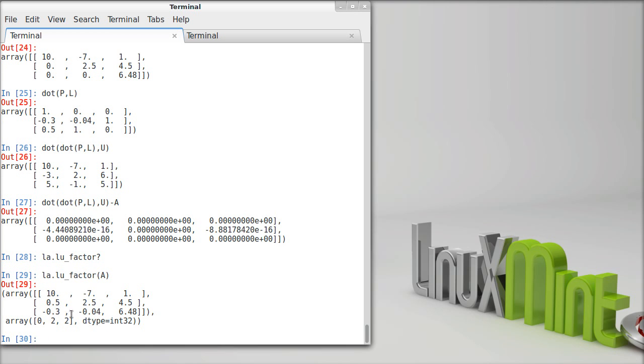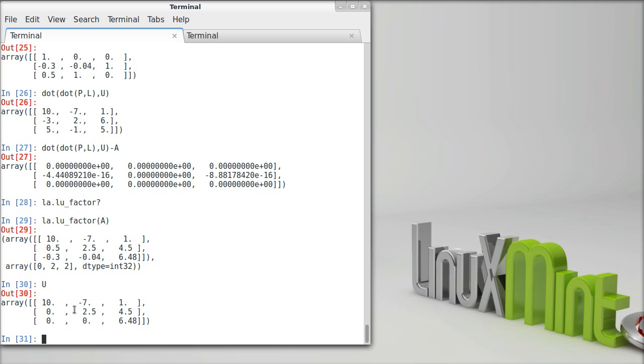Well, so once again, let's look at what it does. Okay. Notice it returns much less information, or at least it stores the same information much more compactly. Again, this thing is LU, the first two-dimensional array here. We can see that because the upper part of this is U. Let's pull that out again, U. So notice U appears here.